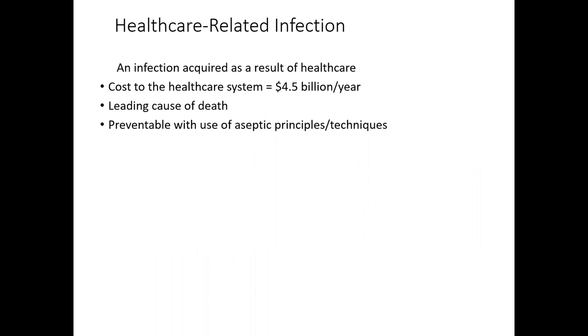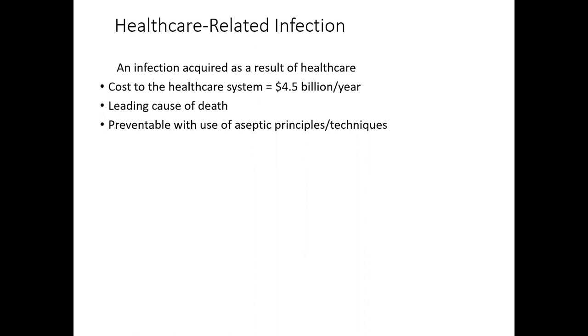Healthcare associated infections are the leading complications of hospital care and one of 10 leading causes of death. As I said before, approximately 1 of every 25 patients has had at least one healthcare associated infection. These are the infections that the hospitals will not receive reimbursements for. And these are the things that we want to prevent from happening.